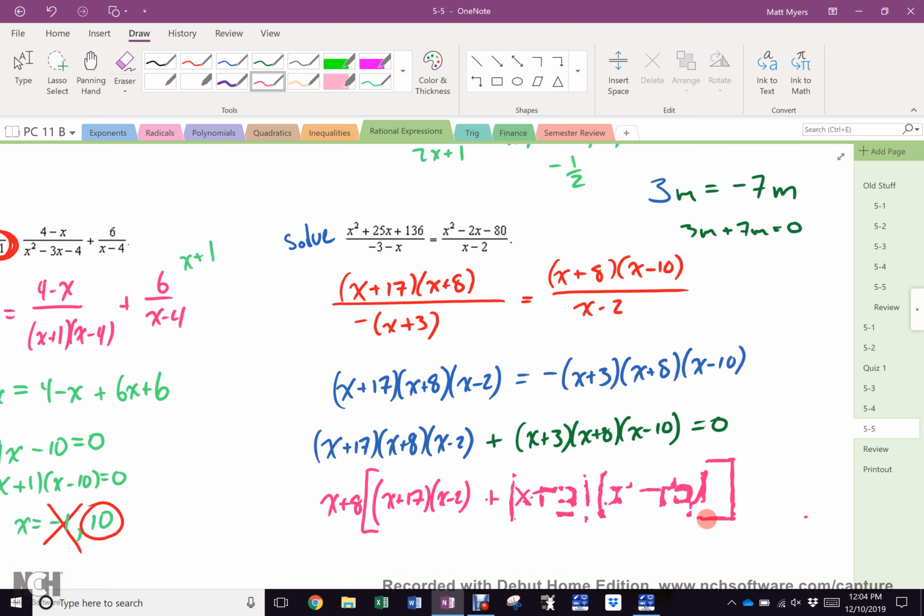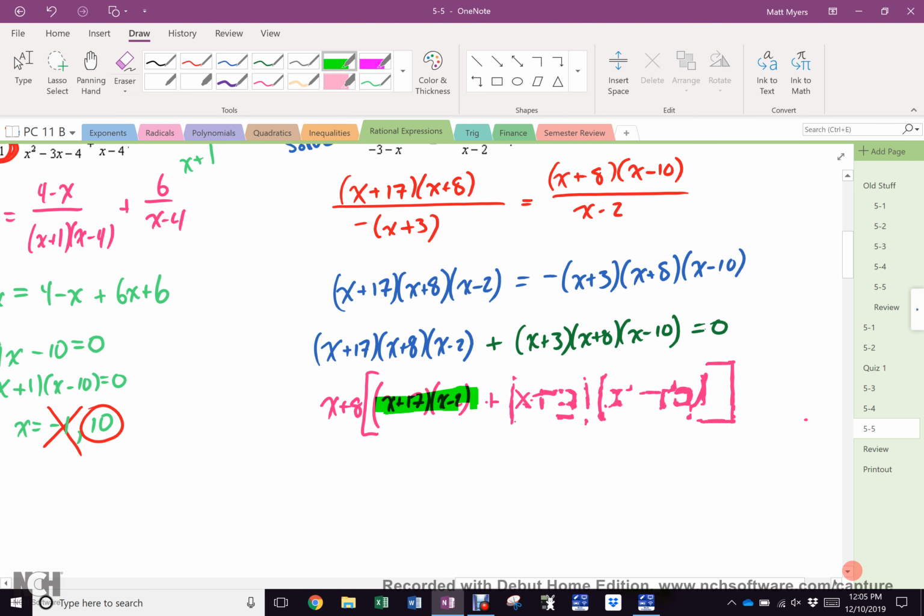Now, you still don't really know what to do, but you know stuff you can do. So what is something you could try right now? It's counterintuitive, but what could you try? You could try expanding right there, couldn't you?